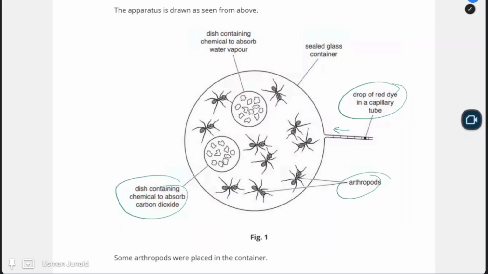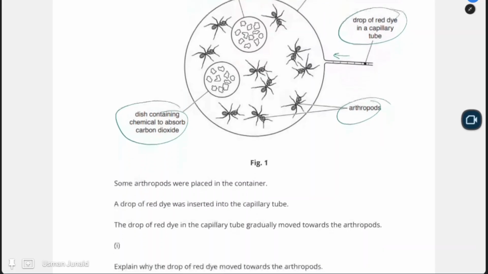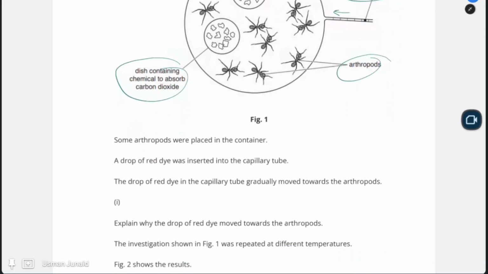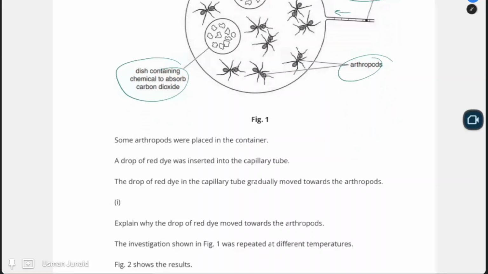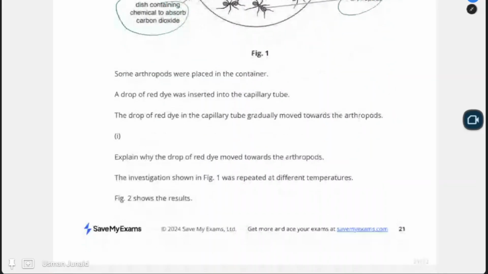Okay, so this is the last part that we'll do for today. Can you tell what's happening?